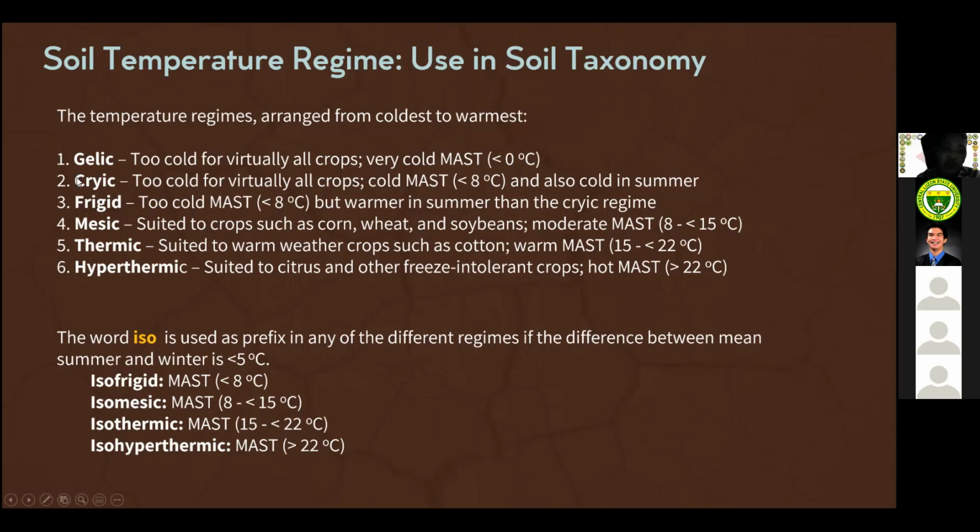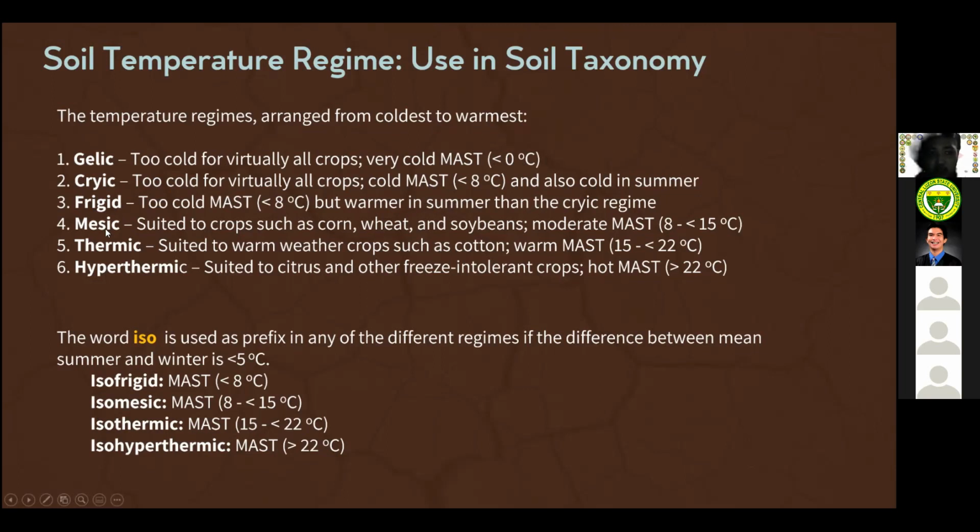Then we have the cryic, which is much mas mainit compared to gelic pero malamig pa din because of the mean annual soil temperature of less than 8 degrees centigrade, which also has a cold temperature in summer. Then we have the frigid, which is similar to cryic but warmer in summer.